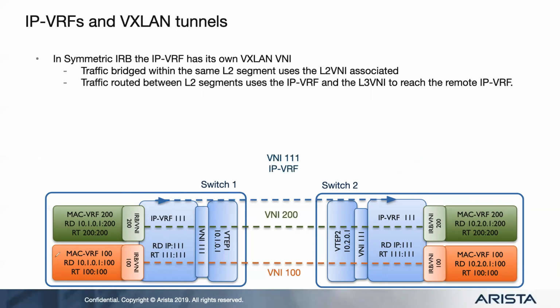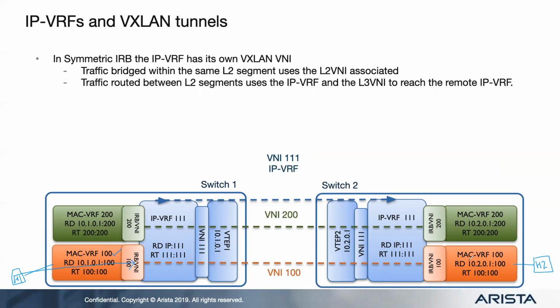Let's say you want to communicate between same-VLAN hosts. This host H1 is in VLAN 100, and here H2 is also in the same VLAN 100, same subnet. H1 sends the packet in VLAN 100.